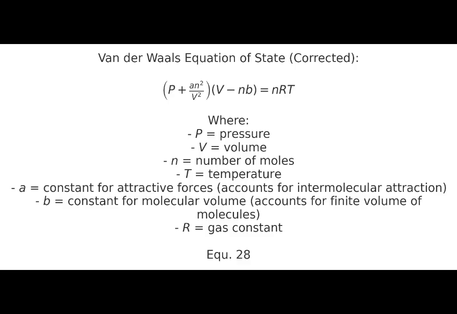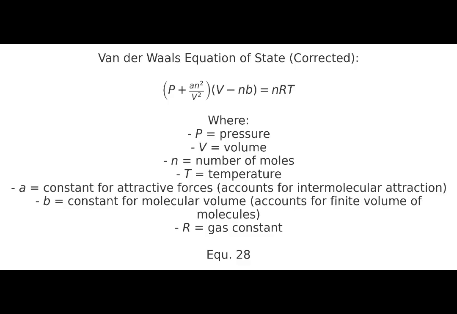The equation explains gas condensation, transition from gas to liquid, and helps predict the critical temperature and critical pressure of gases, where the distinction between gas and liquid phases disappears.